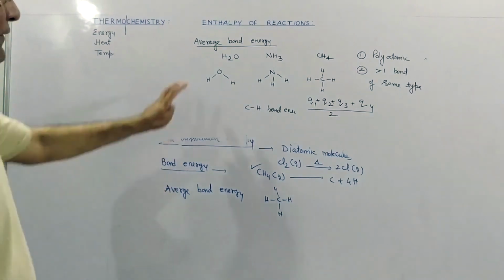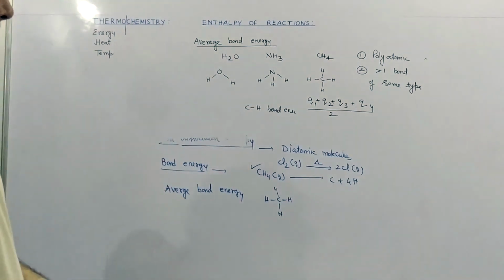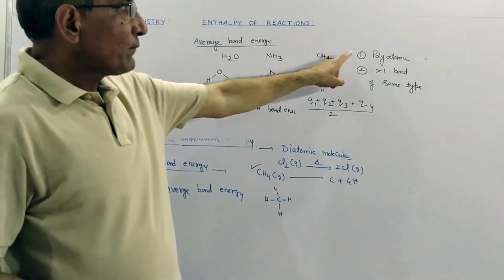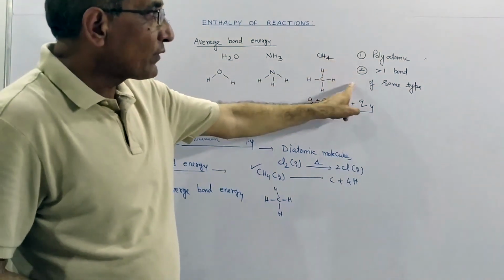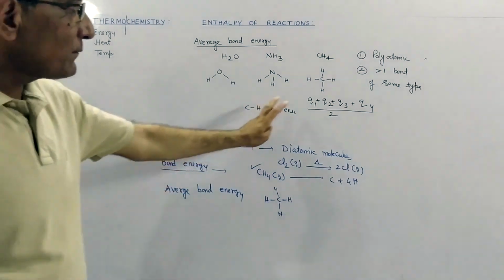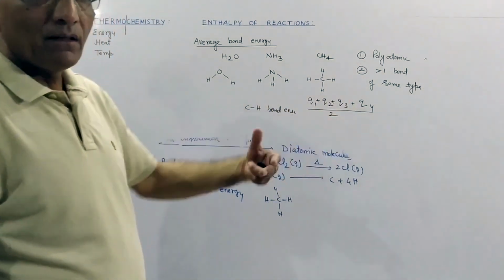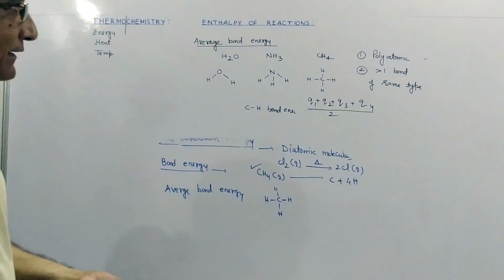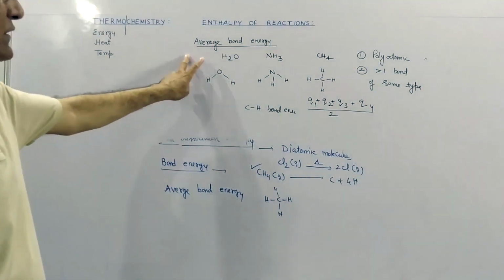Now how can we define this average bond energy? In case of a polyatomic molecule having more than 1 bond of similar type, the successive bond energies are different. Therefore, we represent it as average bond energy.